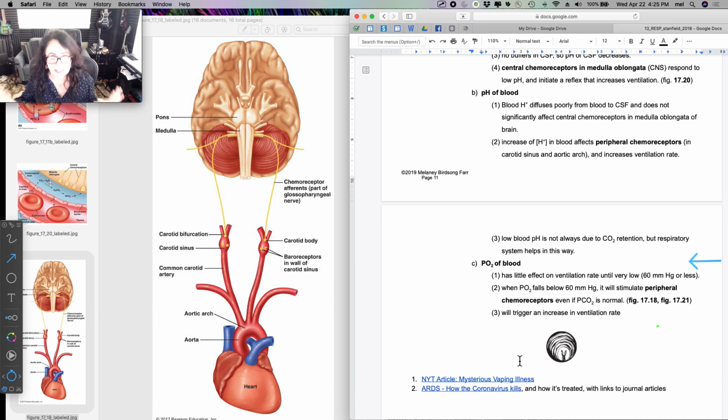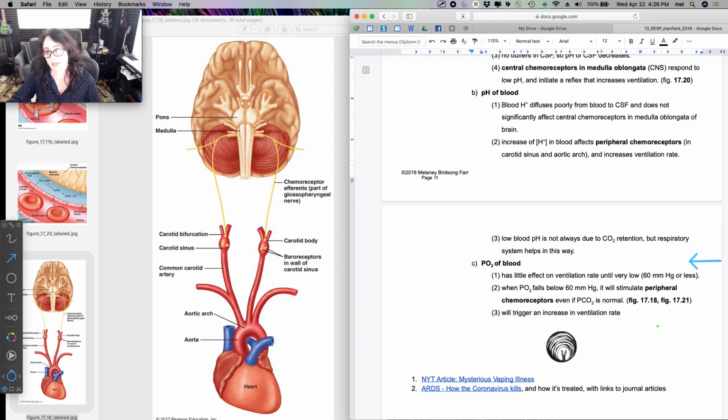And then last but not least, although it's very counterintuitive, of carbon dioxide in the blood, pH in the blood, and PO2 in the blood, the thing that is least robust at changing your ventilation rate is actually PO2.